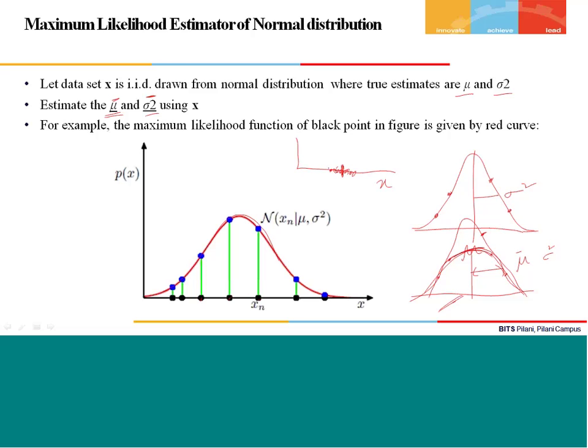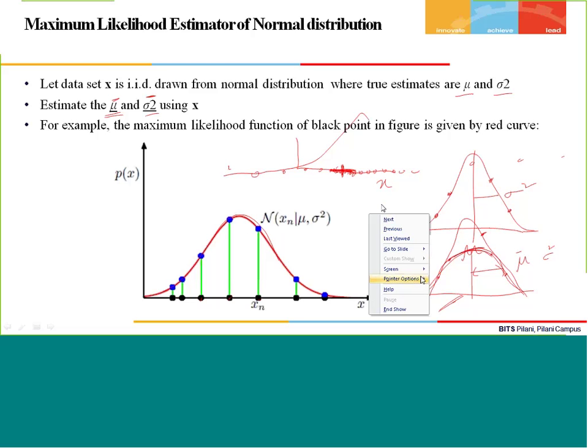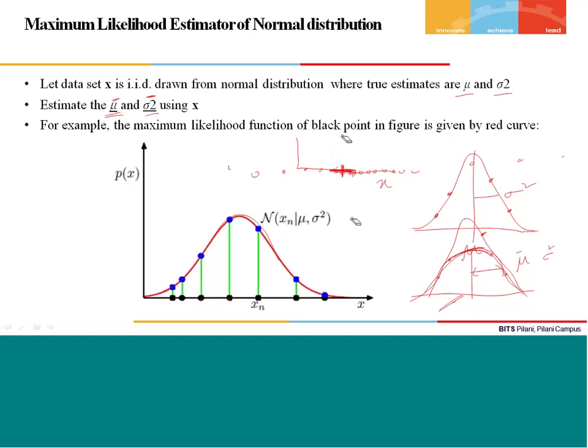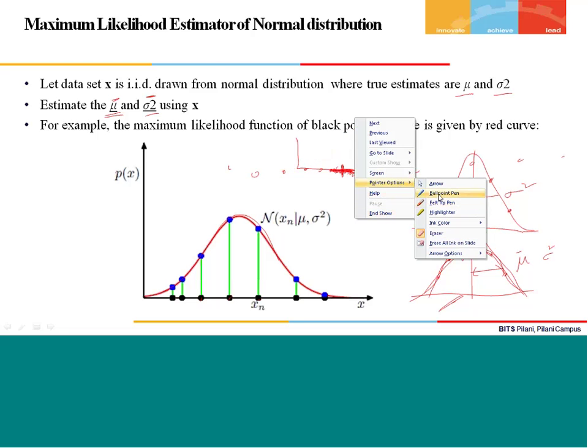The density of points is maximum in this range near mu, and it gets scarce further away.